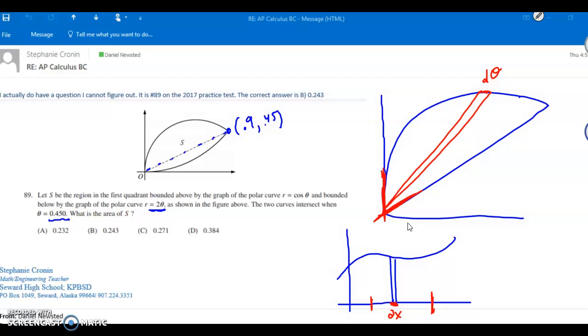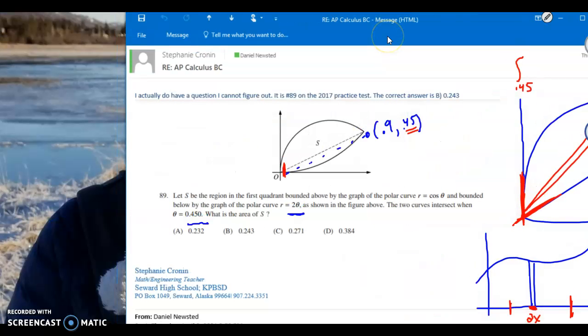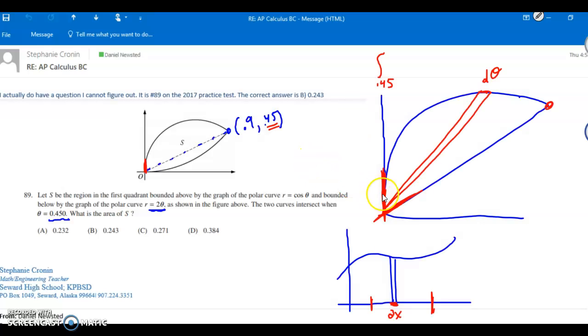For this one in particular, this top half, it's going to be from whatever angle that is, in this case 0.45. So that gives me the integral from 0.45 up to, this thing is perfectly vertical right here, so I think it's pi over 2. Whoops, I don't know what just happened there.